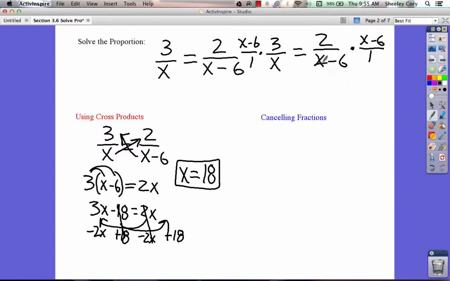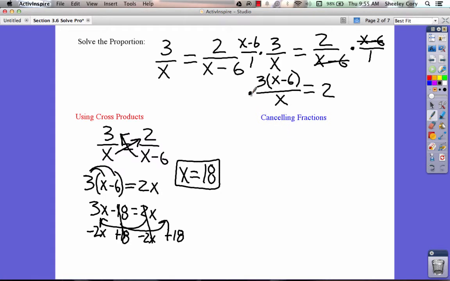So this cancels, and we're left on this side with 2. So we got 2 equals, and on this side, x minus 6 times 3, well, let's just write it how it would be. 3 times x minus 6 in parentheses, all over x. Now, all we have to do is cancel this other fraction, and we'll be ready to solve this.